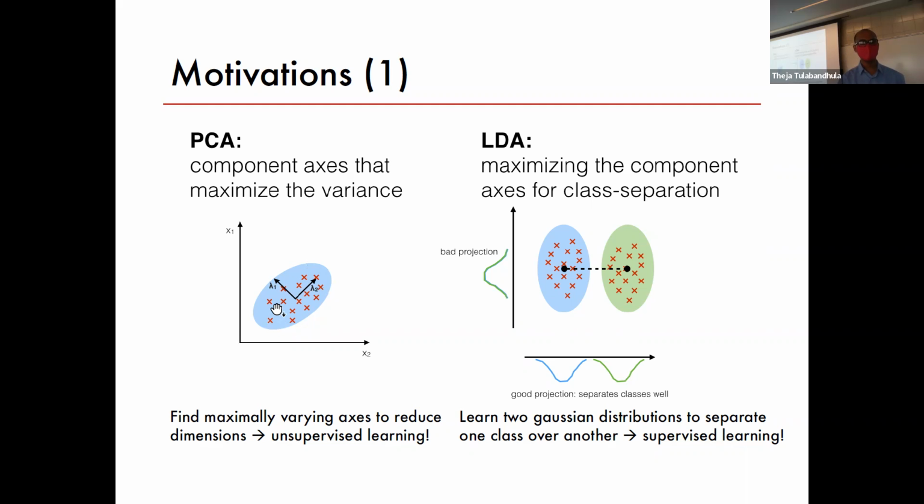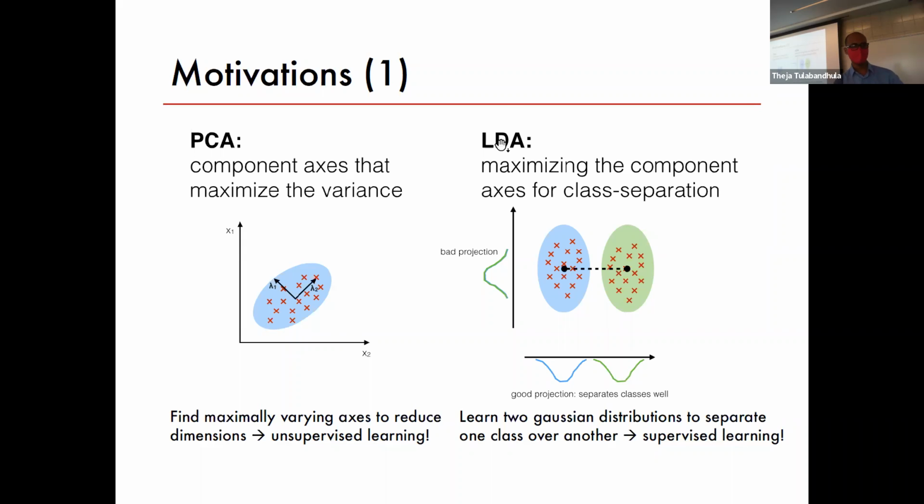Maybe this new basis direction lambda2, for example, captures a high amount of variance in this data. That's what PCA does: it finds maximally varying axes to potentially reduce dimension. For example, I can drop lambda1 and let lambda2 be the one-dimensional representation of my data set. That's an unsupervised learning topic, which we'll talk about next lecture.